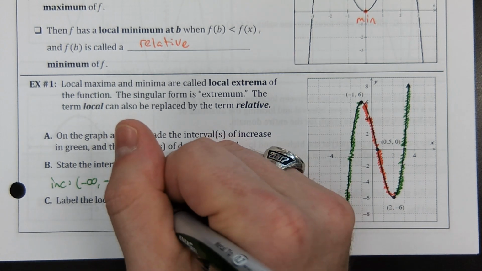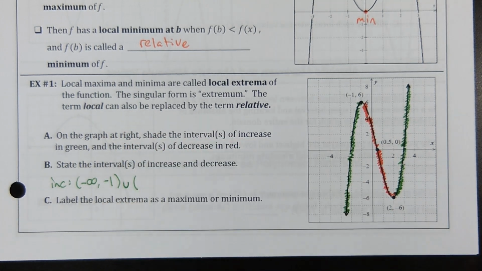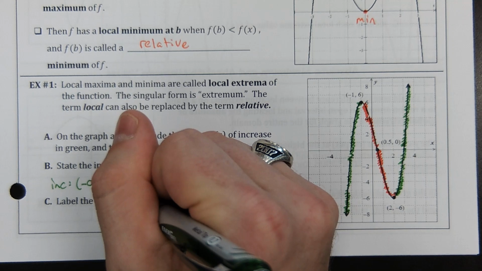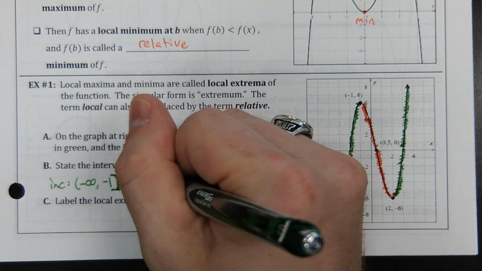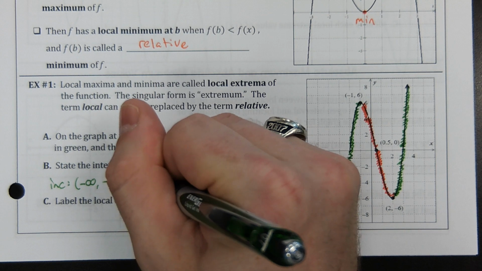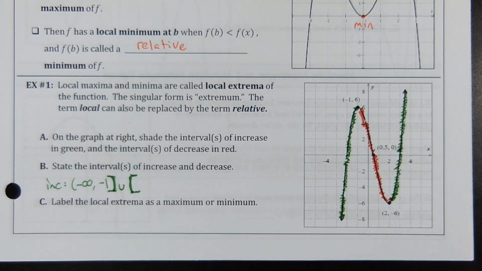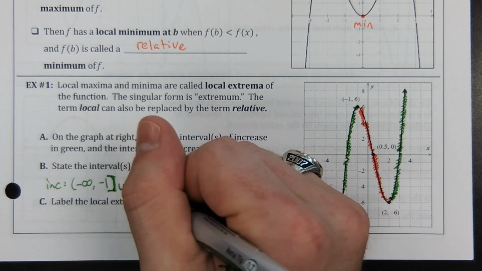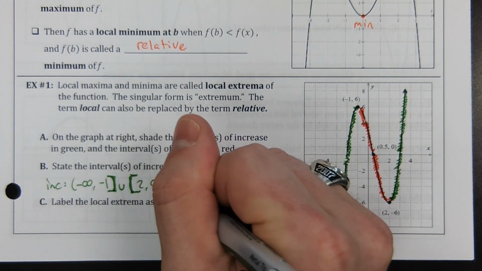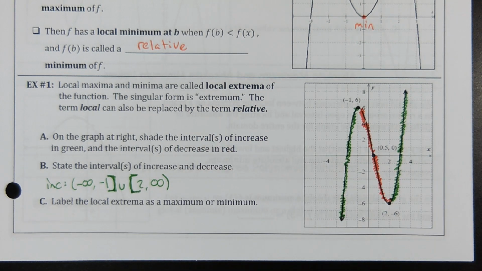We are increasing again, though, later on, so union. Oh, AP wants brackets on change between increasing and decreasing. Sorry, my calculus knowledge jumped in there and said that doesn't make any sense, but we're going to do it anyway. We will be increasing again after the x value of 2. But we'll never stop increasing after that.